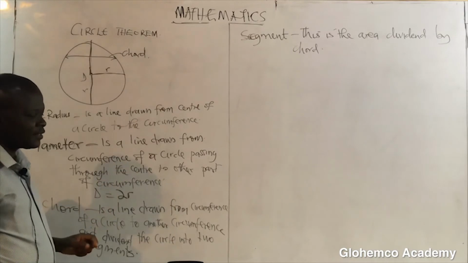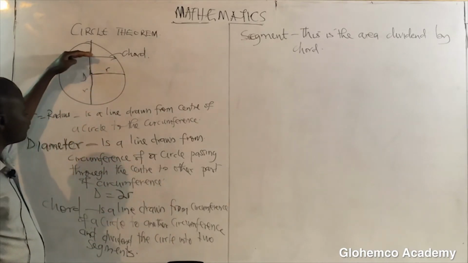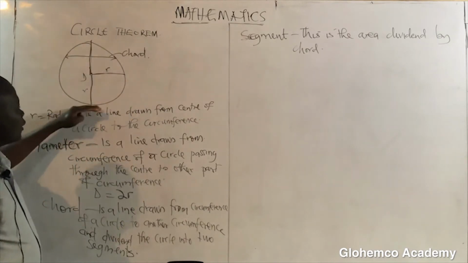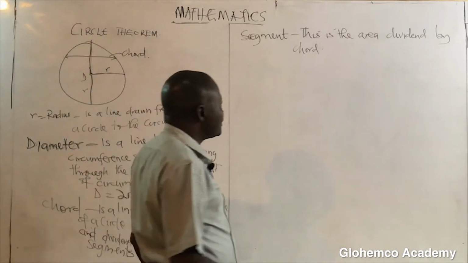Now, what we are saying here, in essence, is that the upper one is the minor segment, while the lower one is the larger segment.